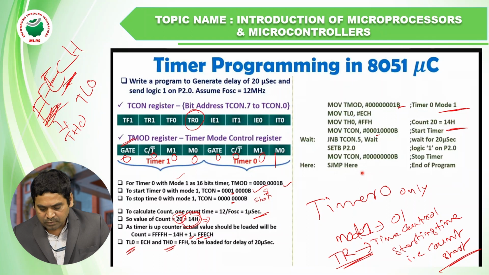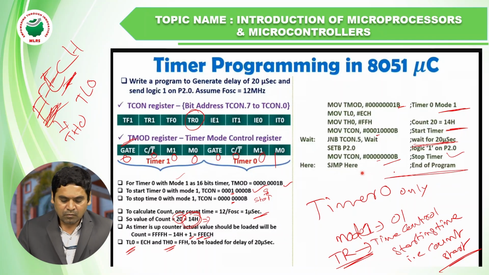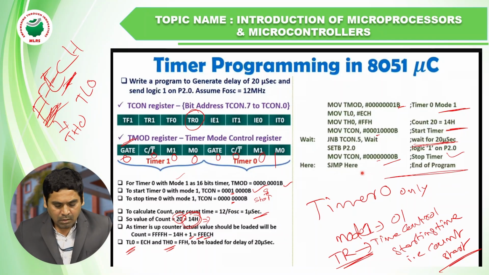If you want to stop it, the instruction gives 0, so the fourth bit TR0 equals 0. Then we wait 20 microseconds according to our problem, until it rolls back to 0000H. Then we stop the timer, and this ends the program. This is one example of timer programming in the 8051 microcontroller.